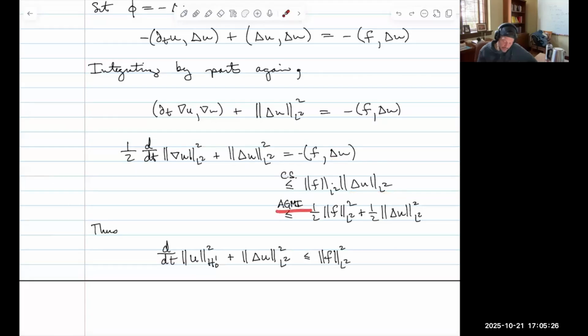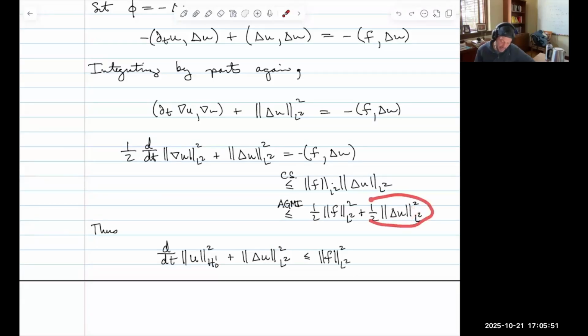I'm going to use the algebraic geometric mean inequality. This time I don't have to do anything special, I'm just going to use 1/2, 1/2. So this breaks up as 1/2 the L2 norm of f squared, plus 1/2 the Laplacian u spatial L2 norm squared.